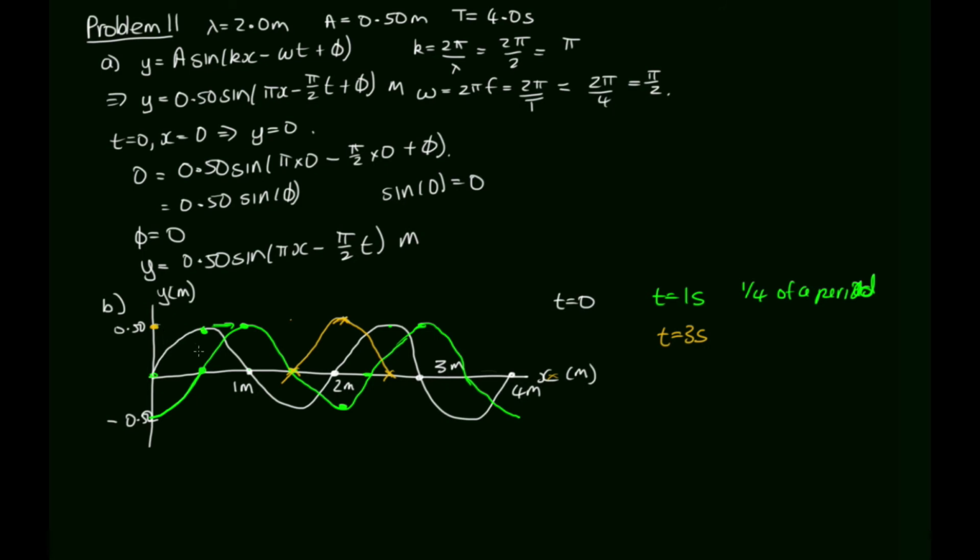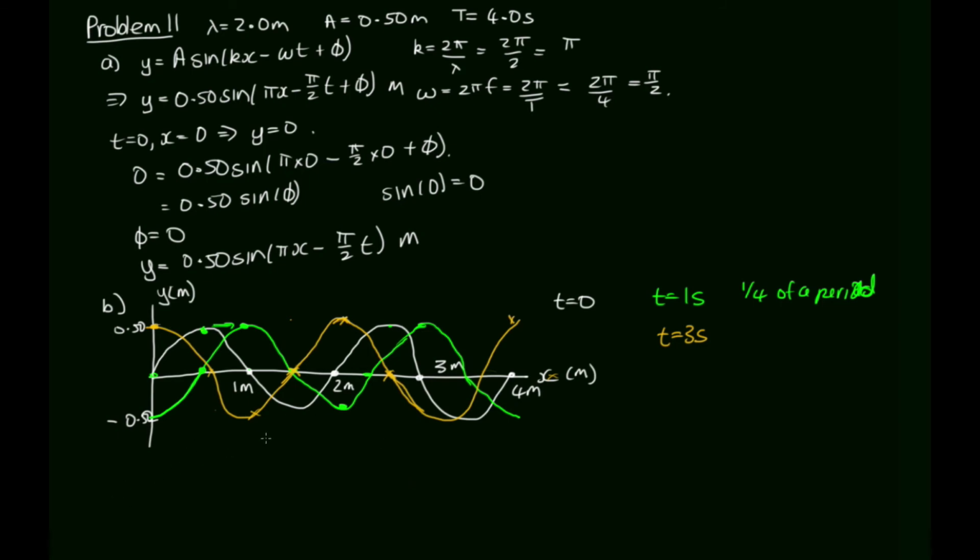And we'll start up here. And so our wave is going to look like this, and we'll end up back up there. So we've gone down and up, down and up, 2 periods again.